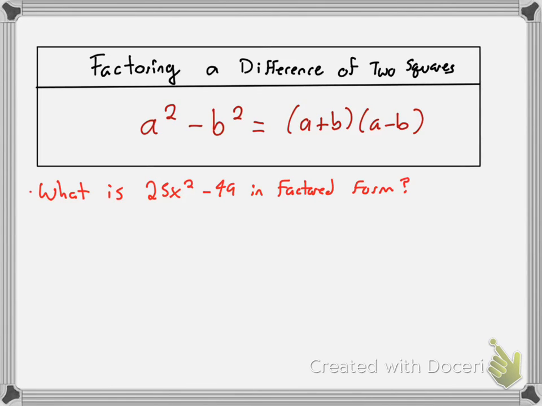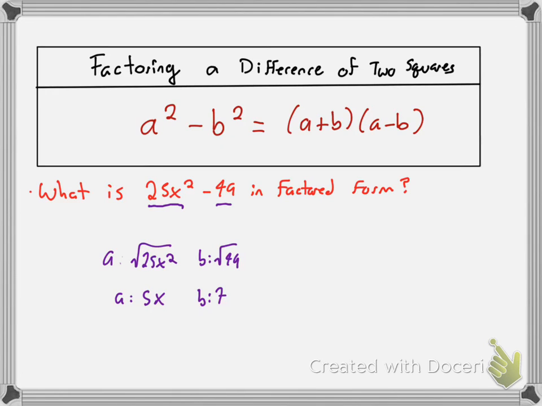If this is a squared, I'm going to make my a value the square root of this. The square root of 25 is 5. The square root of x squared is x. So my a value is 5x. My b value is the square root of 49, which is 7.